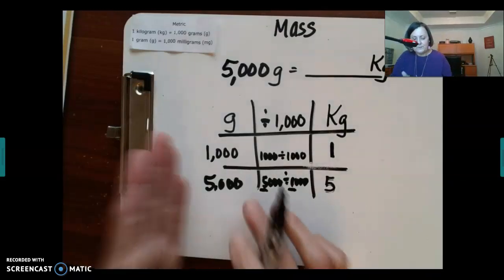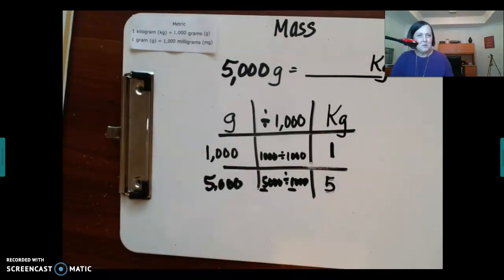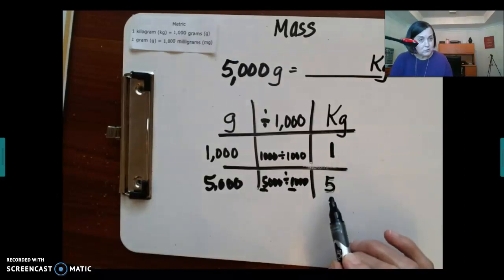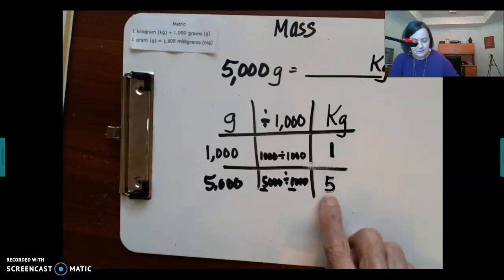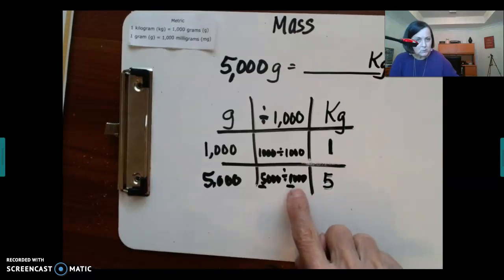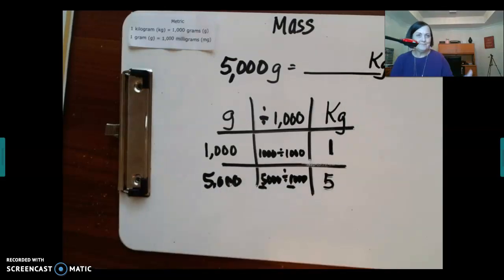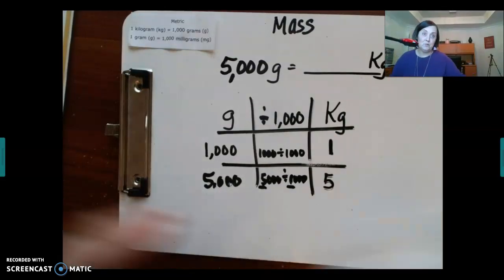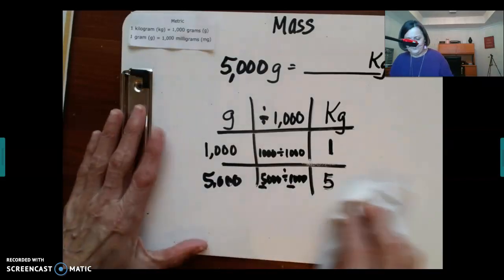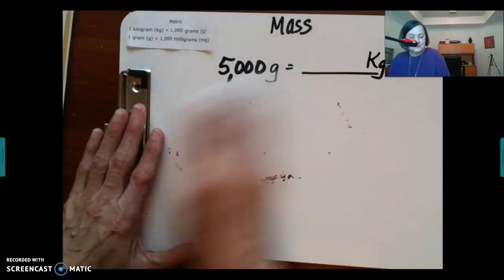So you're going from the thousands place to the ones place. And we can check our work. We can do the inverse operation. 5 times 1,000 equals 5,000. Metric system is super easy. All right, let's erase. Now it's your turn.